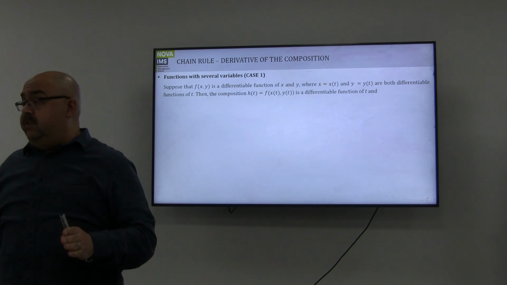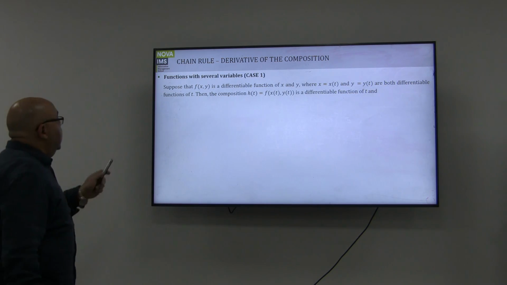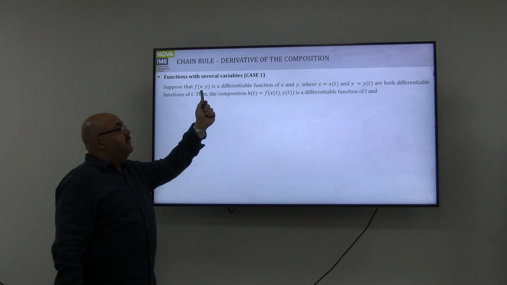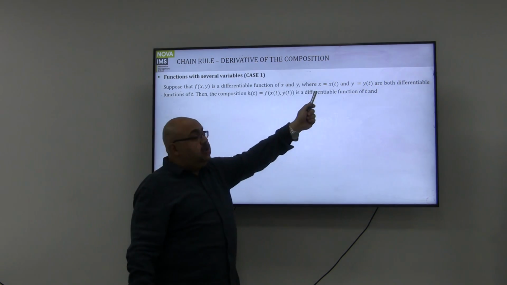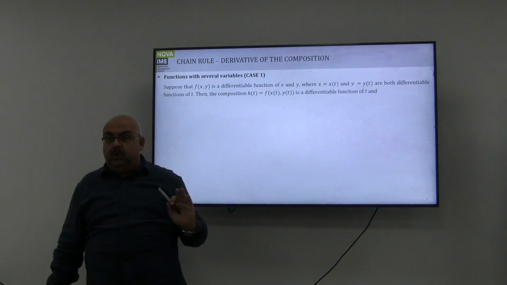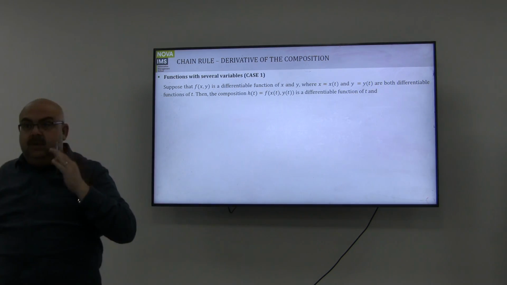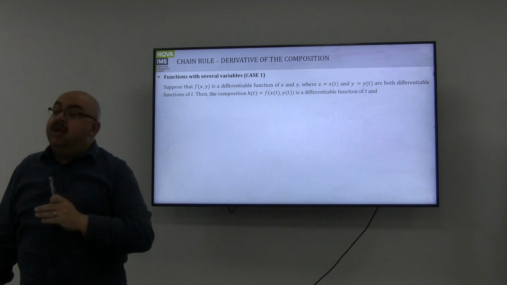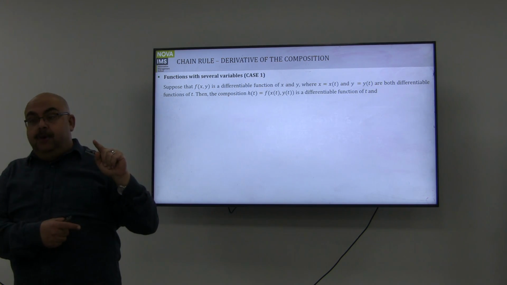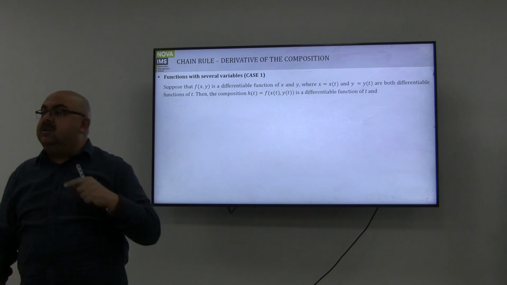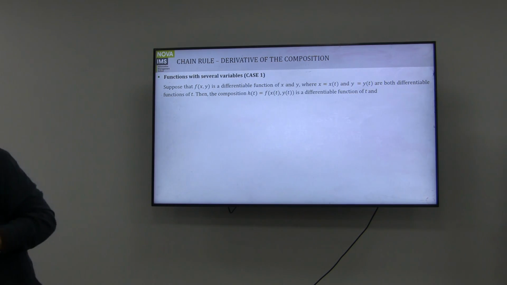The first case, as you can see, the main function is a function in x and y. But both x and y are functions in the same variable, just one variable. So once more, the main governing function is a function in more than one variable, but the inner functions are functions in just one variable.